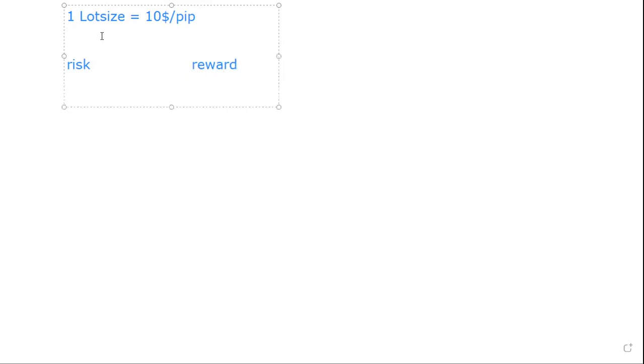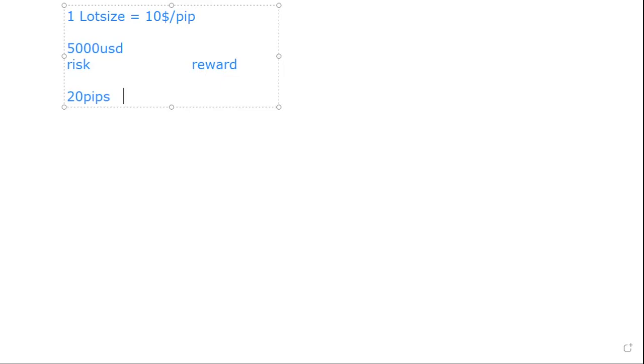Let's say this trader is risking, for every trade that he is taking, 20 pips. Let's say his capital is $5,000, and now he's taking trades with a lot size of one lot.